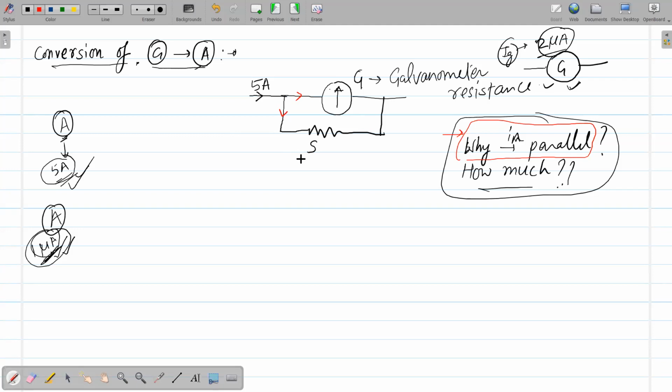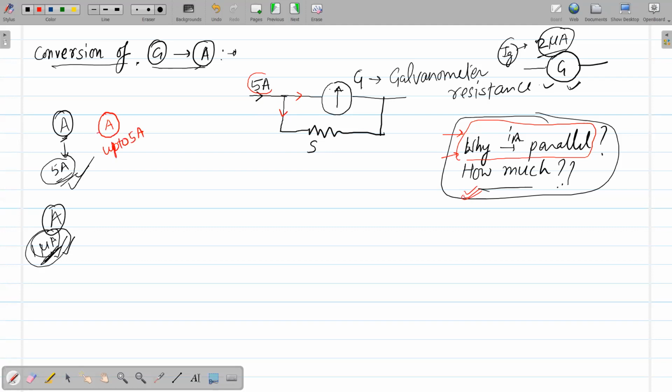Okay, students. So we have got the answer to this question, why in parallel. Now the second question is what value of this resistance. Students, we will have to manage this value in such a way that, what is our objective, we want to produce an ammeter which can measure up to 5 ampere.